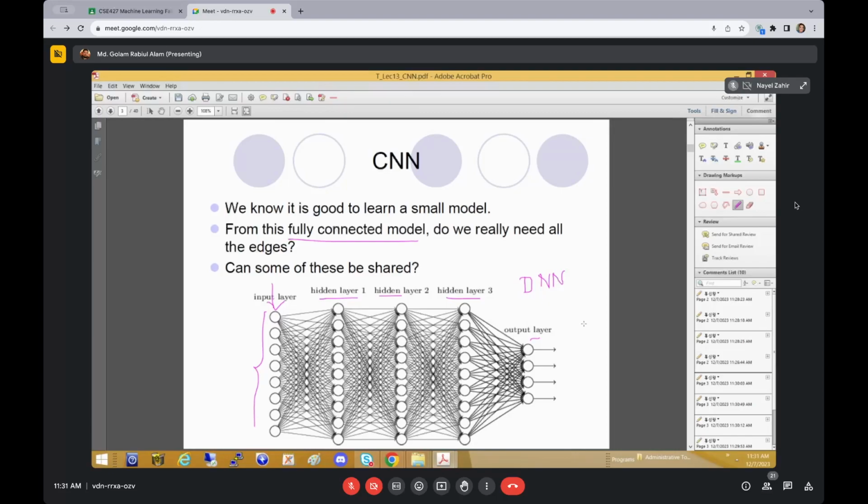So even though we have a very small neural network here, there are many connections, which means we need to learn many parameters. If we want to calculate how many parameters we have to learn here, we can see in this case 10 neurons.